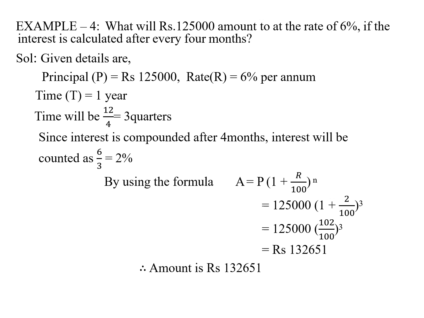Here the time duration we got is 3 periods, right? So whole cube. If you take LCM, we got 1,25,000 into 102 by 100 whole cube. After solving this whole part we got 1,32,651. So the amount at last we got is 1,32,651 rupees.